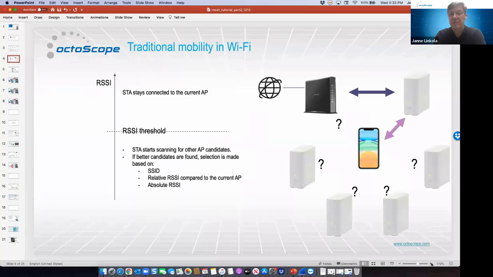The main thing being mobility, right? How should a station that is moving across the Wi-Fi network roam?